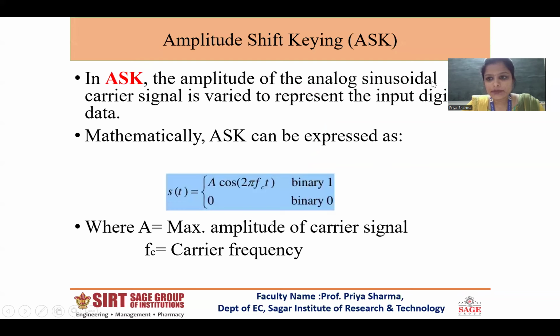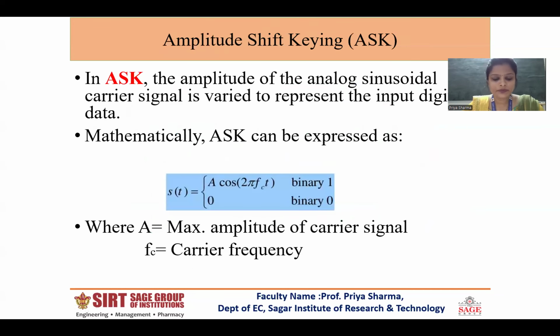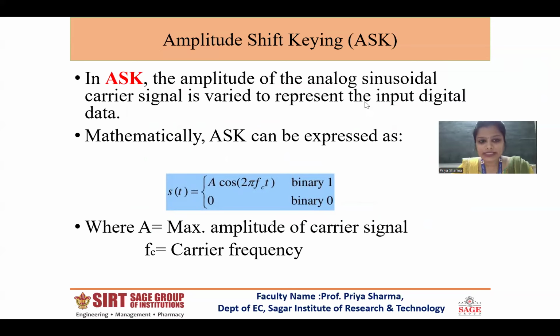So basically, coming to the ASK, amplitude shift keying is a form of digital modulation technique in which the amplitude of the analog sinusoidal carrier signal is varied to represent the input signal data or the digital data.